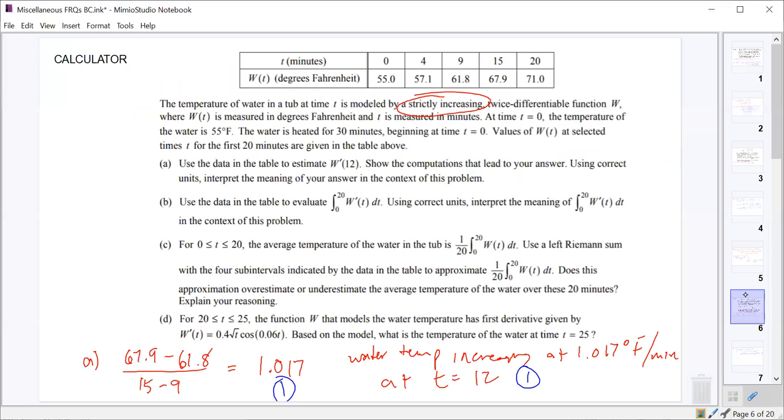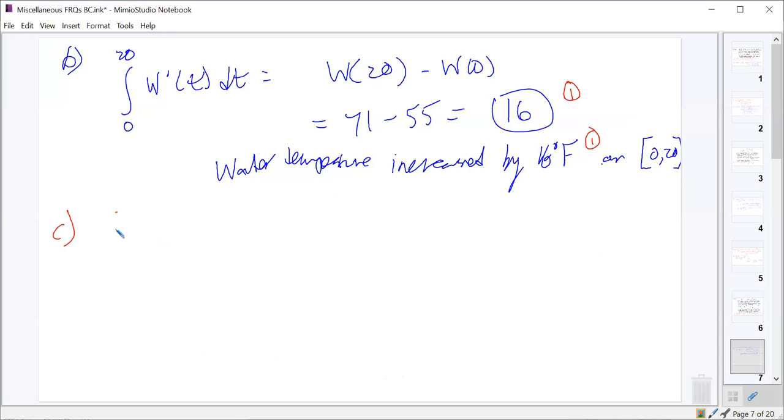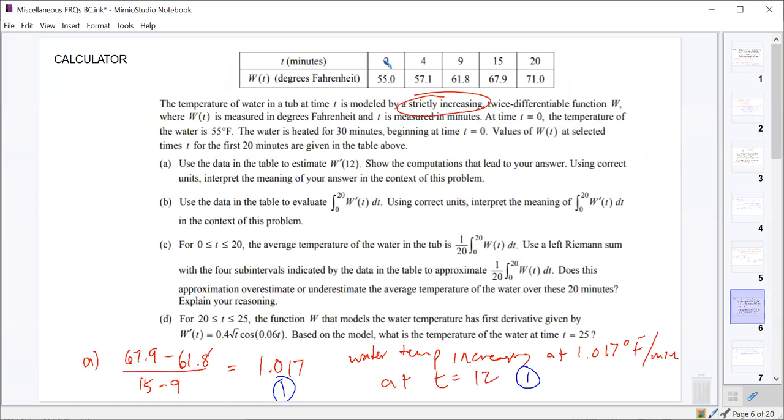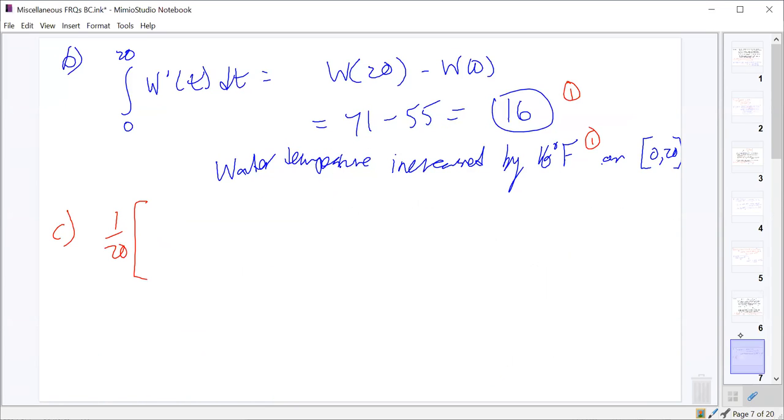All right. Part C, they tell us that this is the average temperature of the water in the tub. They want us to use a left Riemann sum of 4 subintervals to approximate the value of 1/20th of this. So we're going to approximate the average water temperature from 0 to 20. So that will be 1/20th. And then using a left Riemann sum, first subinterval is 4 units long, so 4 times the 55.